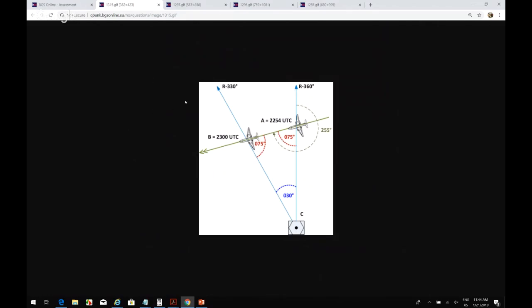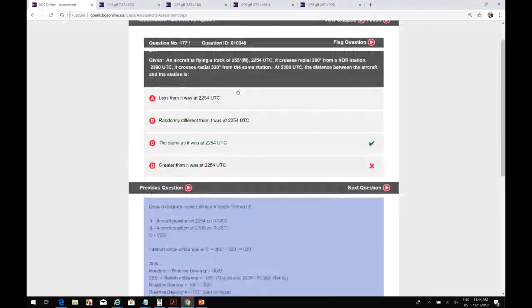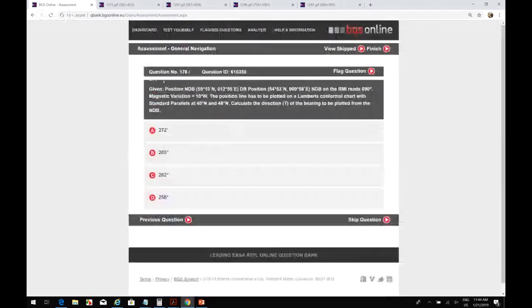Drawn an isosceles, 75 and 75 is 150. That leaves 30 down here. Still, how do we know the distance is the same? Oh, because it's an isosceles. The sides adjacent to the angle are also equal, therefore, okay. So the answer is the same as it was.